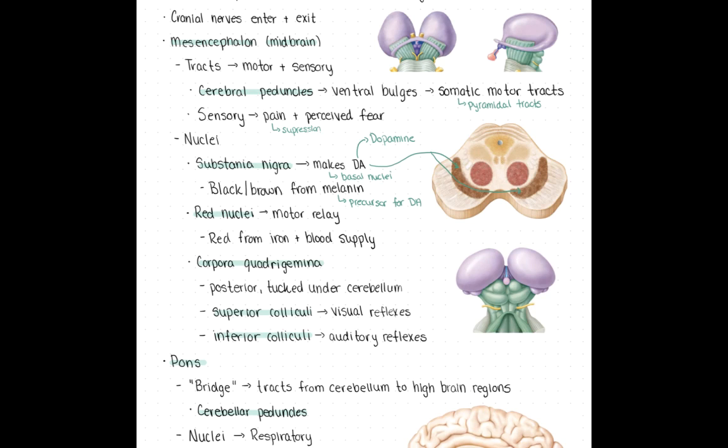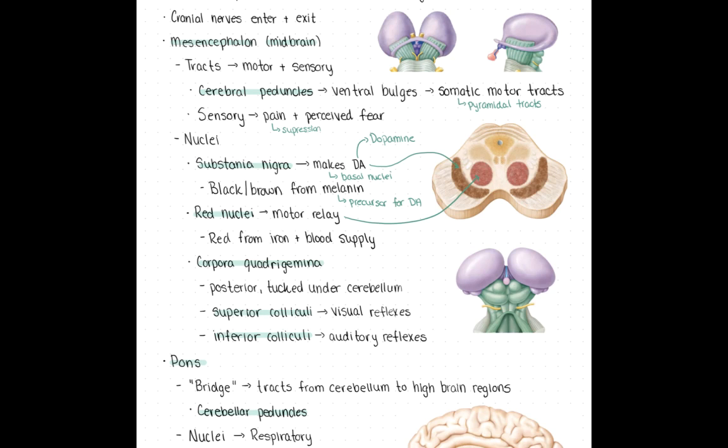I'm just going to erase so we don't have a bunch of crossing lines. There we go. Also in the midbrain, we have another nucleus called the red nucleus, which hopefully is very easy to pick out. It's just this red circle, 2 of them. So these are the red nuclei. And they act as a motor relay station.